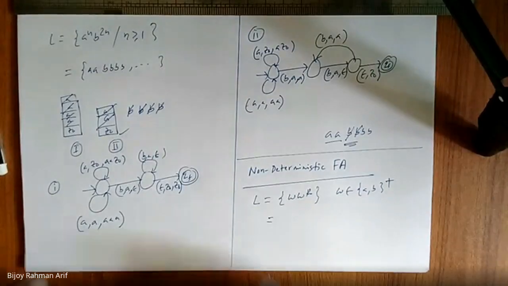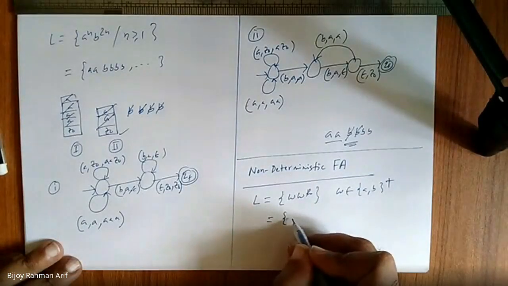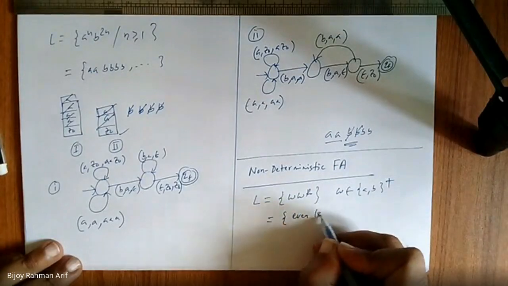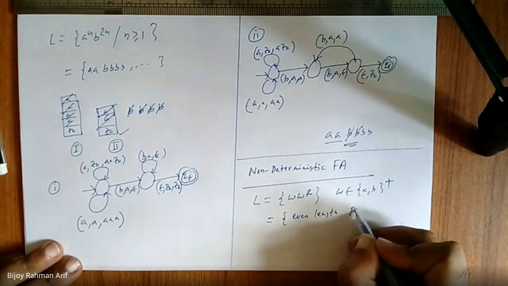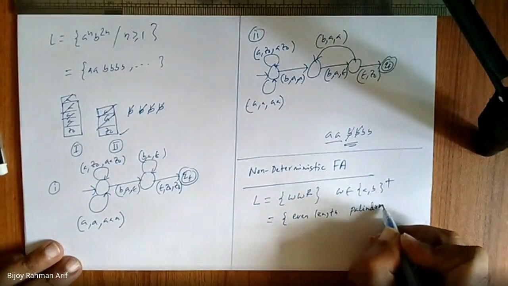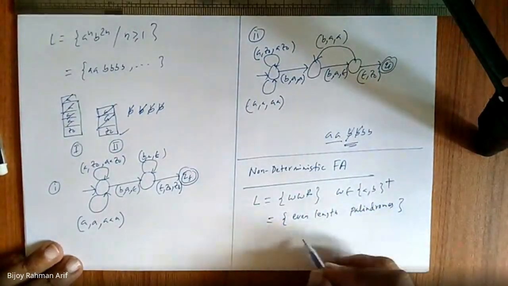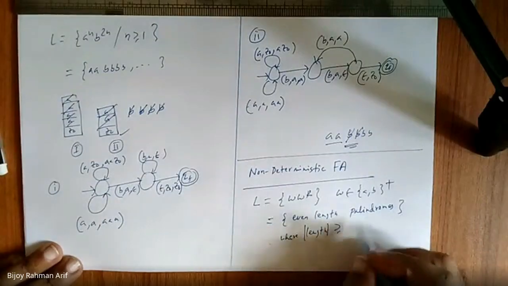Sir, even length. Even palindrome. Okay. What is the length? Minimum 2, sir. Greater than or equal to 2.